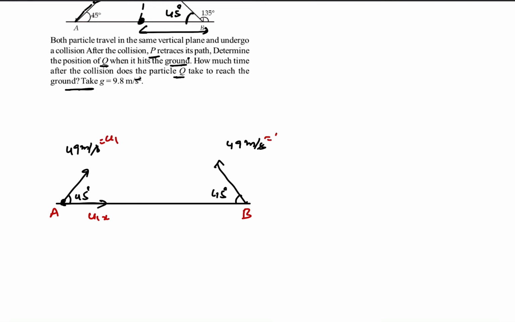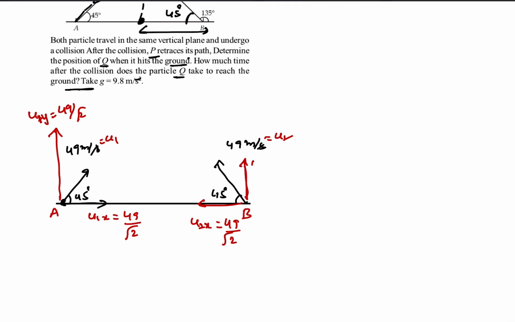I'm writing A, and this is B. I'm taking u1, and here u2. u1x is equal to 49 divided by root 2. Similarly u1y is equal to 49 divided by root 2. You can write u2x is equal to 49 divided by root 2, and u2y is equal to 49 divided by root 2.